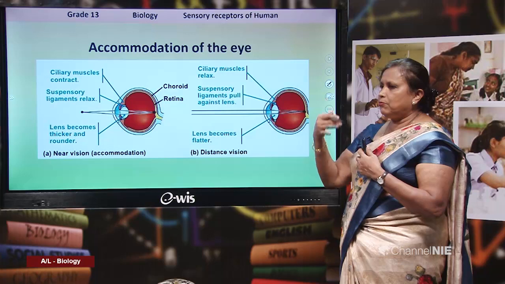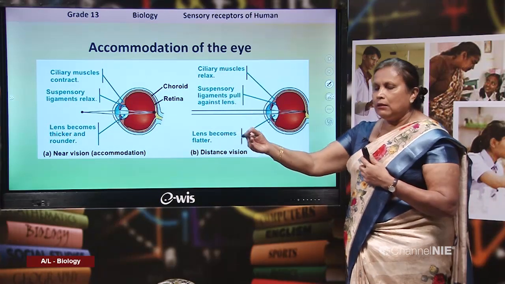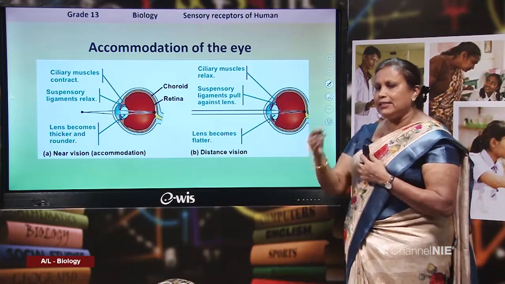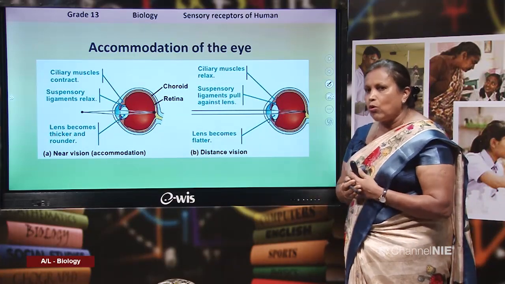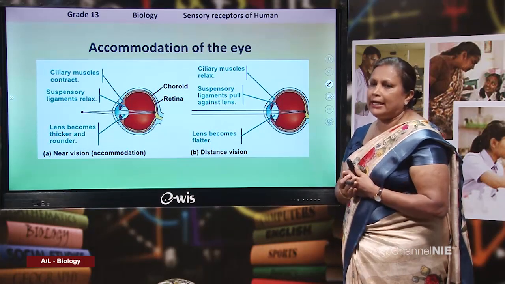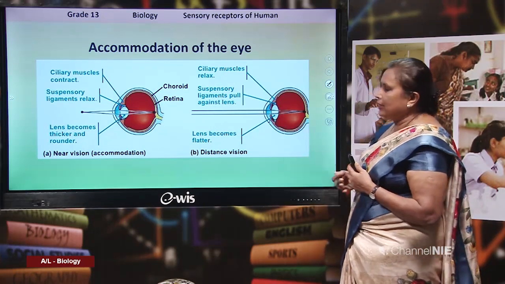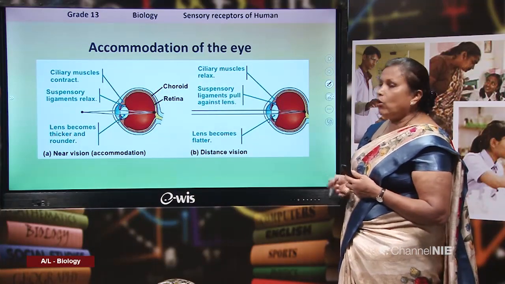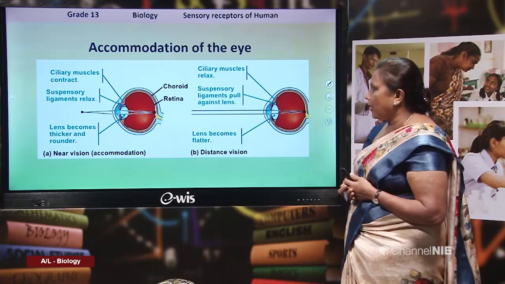If a person is looking at something in the distance and suddenly sees something very close, the eye should be accommodated. So certain structures are important for accommodation of the eye.